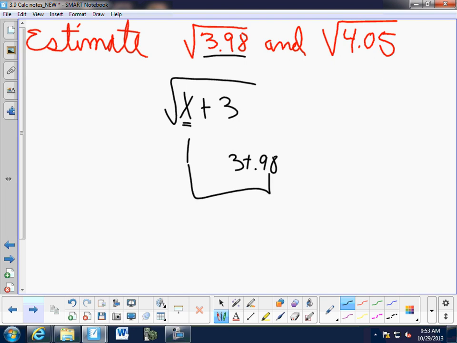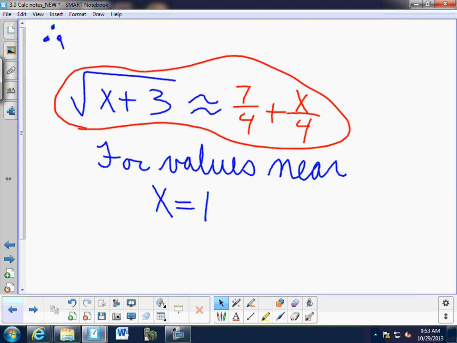I'm near 1. If x is 1.05, this would be 3 plus 1.05. That's near 1. So as long as I'm near 1, this equation, this red stuff, is going to give me an answer that will be a very good approximation of what the square root would be equal to.